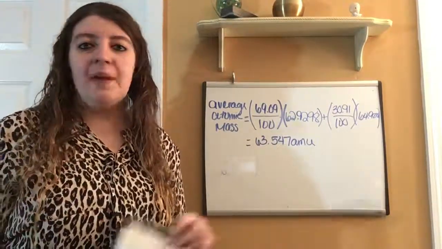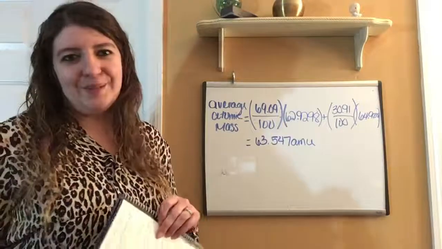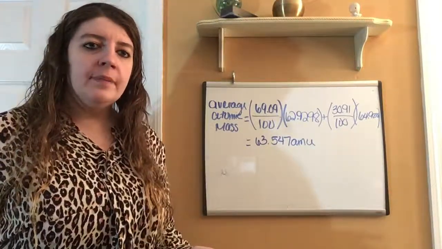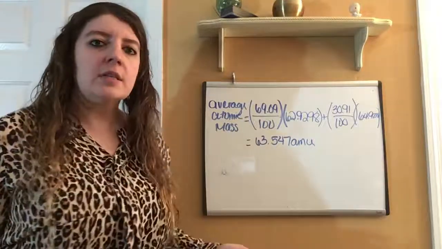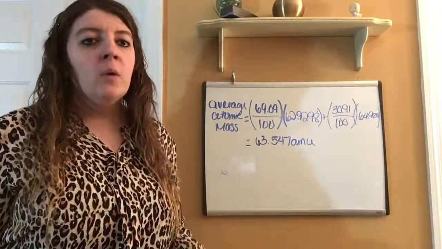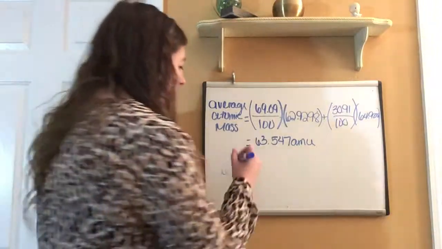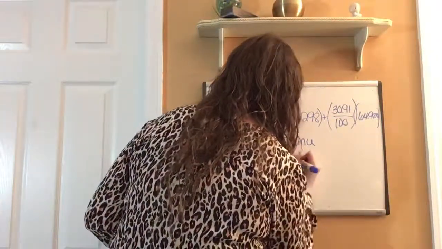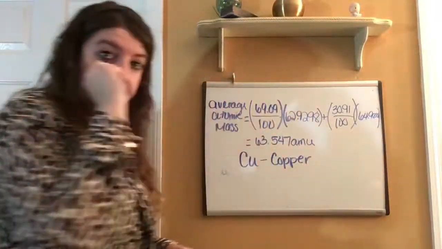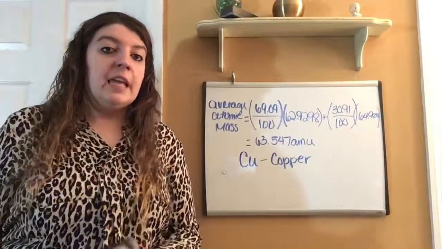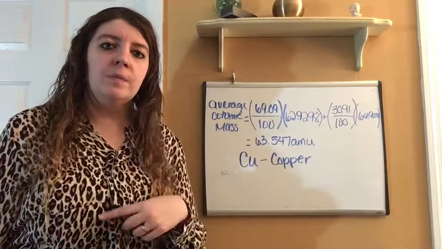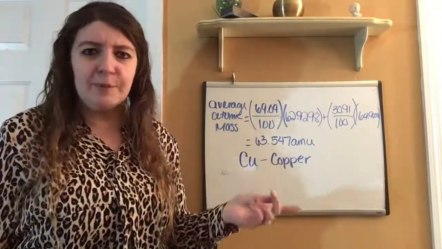So from there, I'm going to go back to my periodic table, which is my best friend for this class, right? I'm going to check my answer to see which one has that. Well, when I do that, I'm going to get copper. Okay? So, if I don't find an element that matches up with my average atomic mass, then I did something wrong with my math.